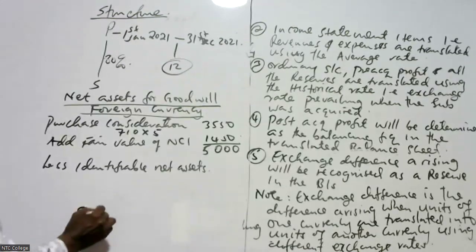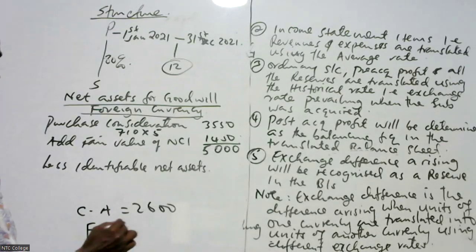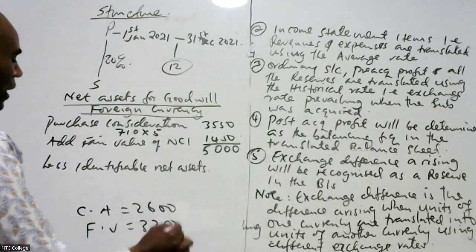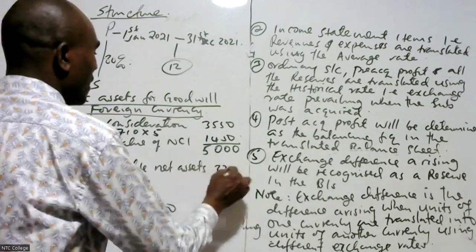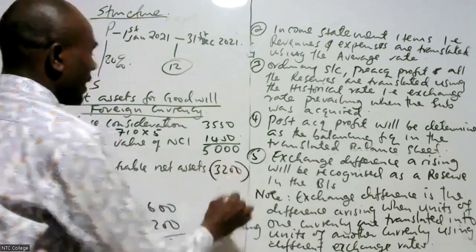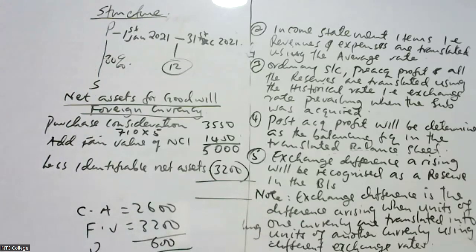Therefore, the carrying amount is 26, fair value is 32, which means we have a revaluation of 600. Here I come to less 3,200 as my identifiable net assets at fair value, which is 32.